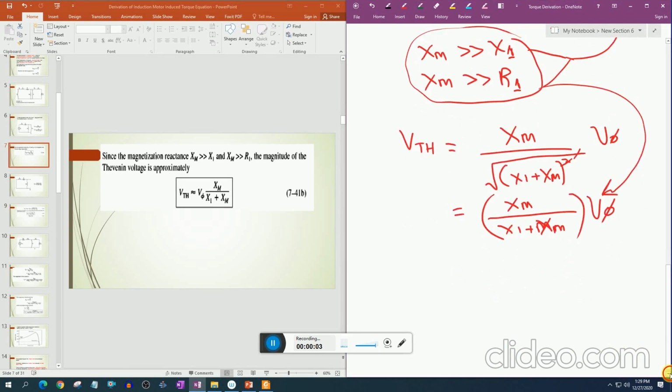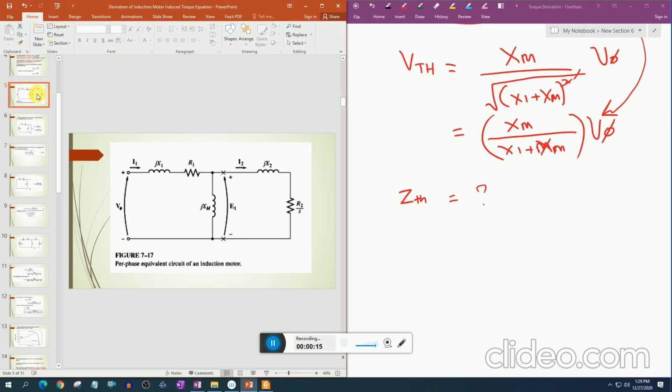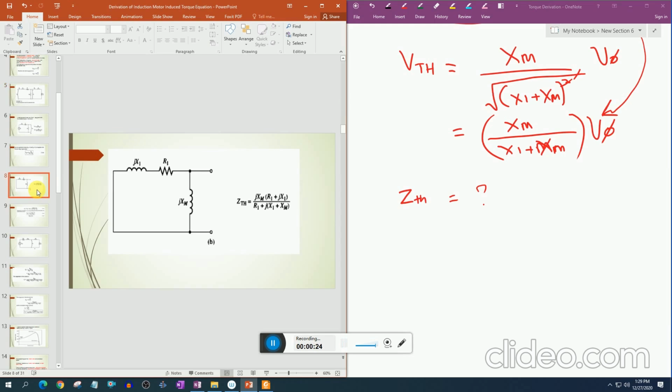Now the next step is the calculation of Z Thevenin. We already calculated the V Thevenin and now we have to calculate the Z Thevenin at this point. At this point, first short circuit the source, and then calculate the Z Thevenin.